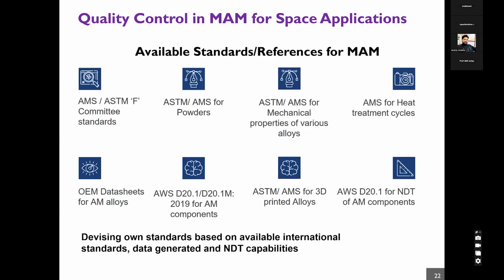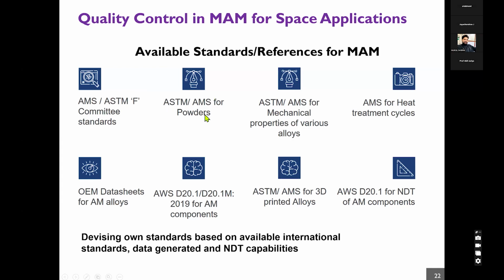When you look at the available standards for reference for metal additive manufacturing, you can see here there are a lot of standards from AMS and ASTM. Of course, 4 to 5 years back, these standards were limited. Now we have more standards coming out from ASTM and AMS.